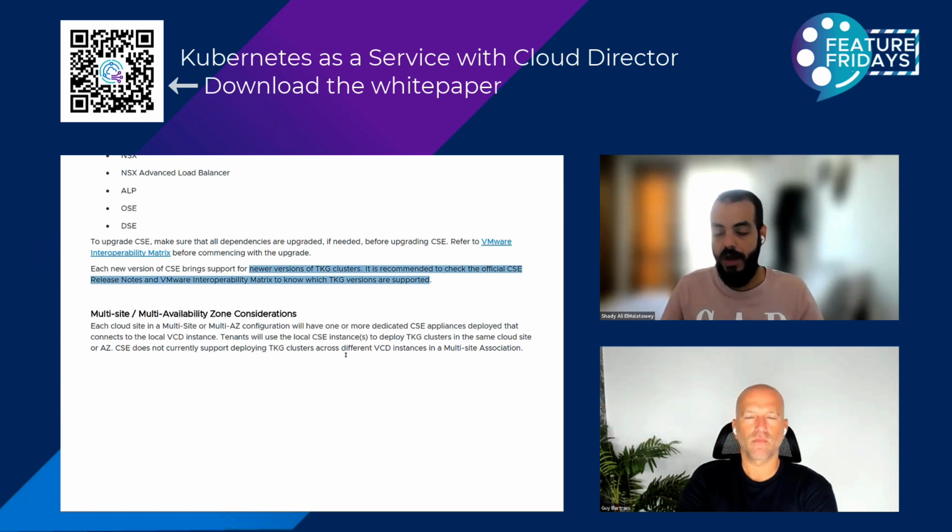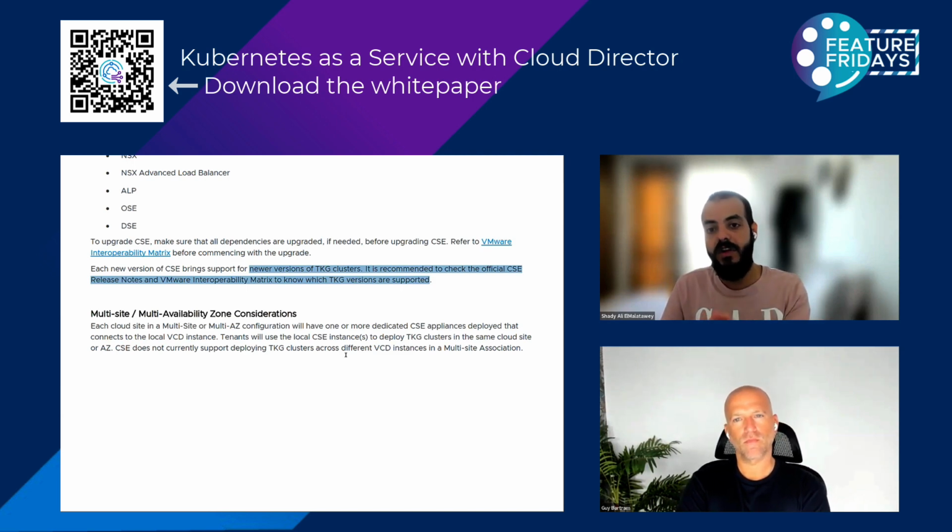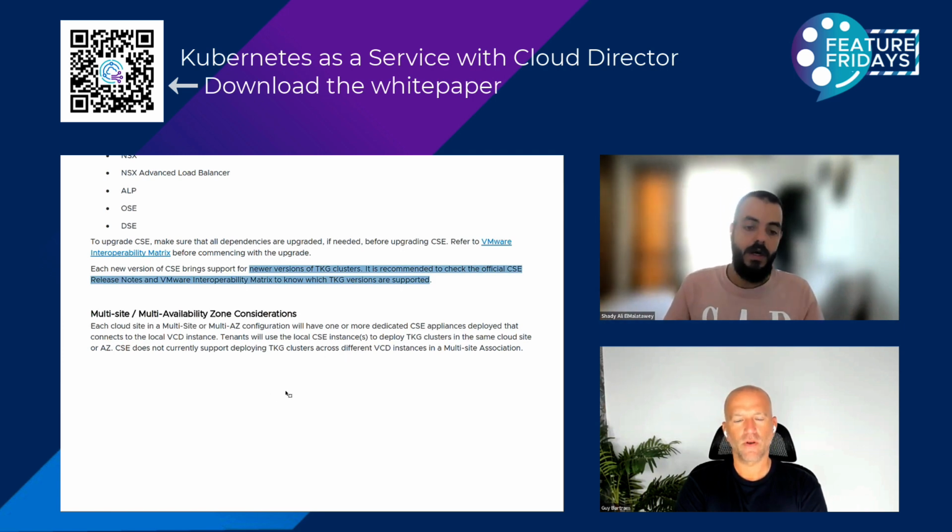So let's say you have AZ1 and AZ2: the user will have two Kubernetes cluster plugins in the UI, one for AZ1 and one for AZ2. They cannot have a single plugin that connects to any of the CSE servers and any of the sites to deploy clusters automatically. I didn't know that.